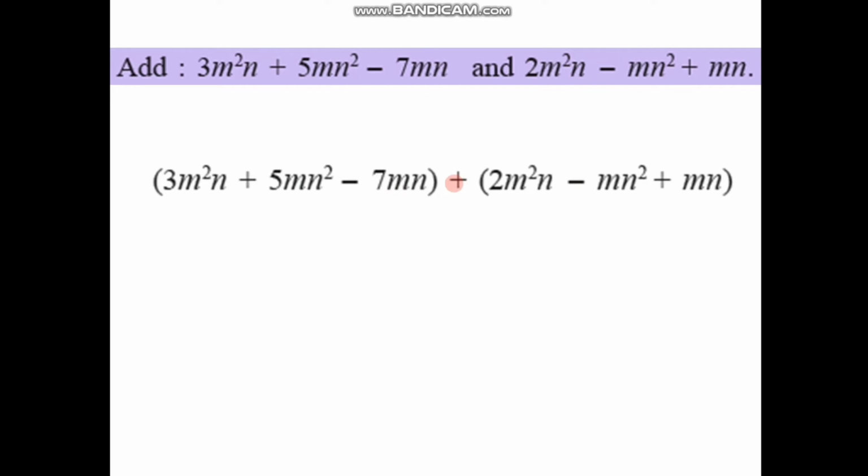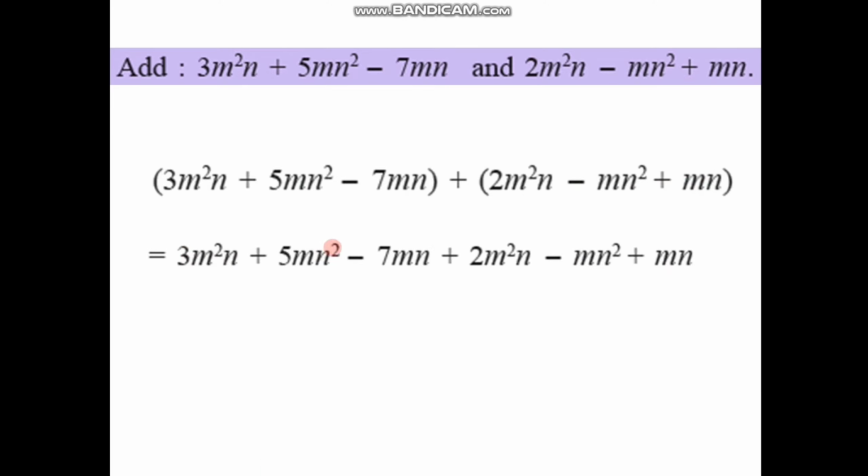So we write here plus 2m square n minus mn square plus mn, which is the second polynomial. So the next step is we arrange the terms in the first and second polynomials by removing the brackets. So we have 3m square n plus 5mn square minus 7mn plus 2m square n minus mn square plus mn.